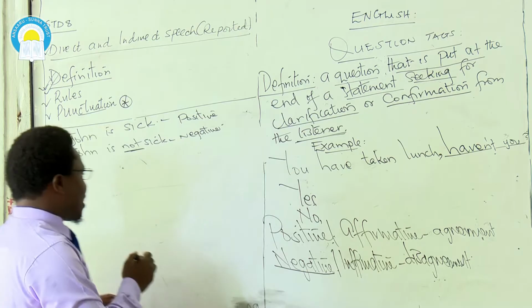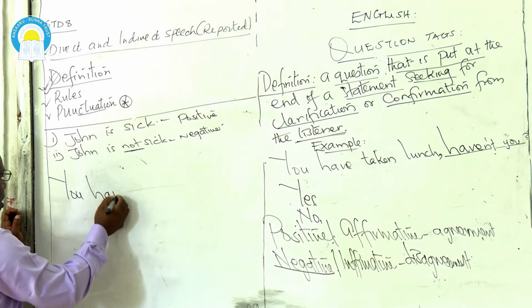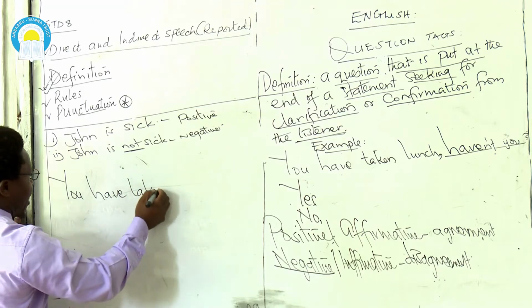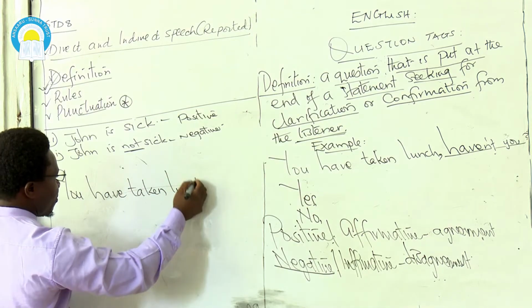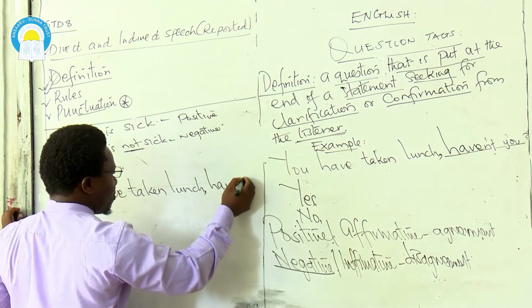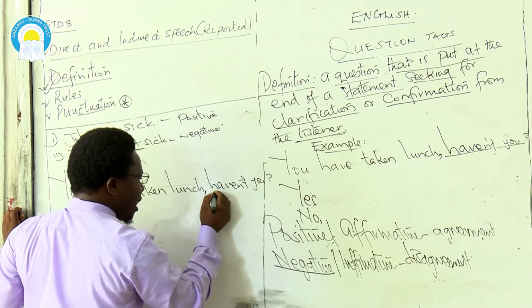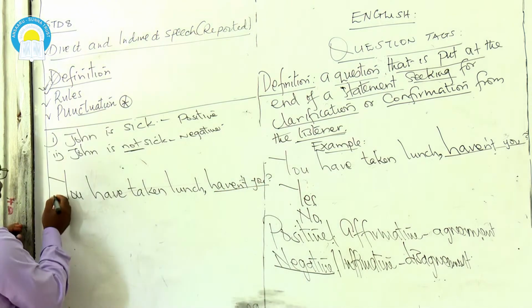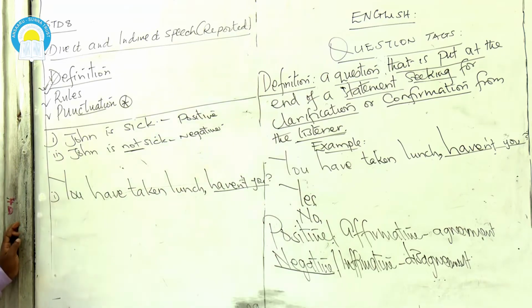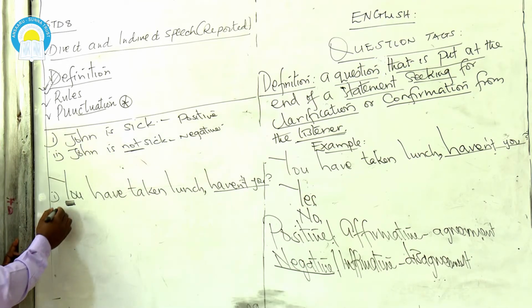Let us consider the sentence we had used earlier on. You have taken lunch, haven't you? In this example sentence, please note four rules. Number 1, at the beginning of this sentence, there is a capital letter.